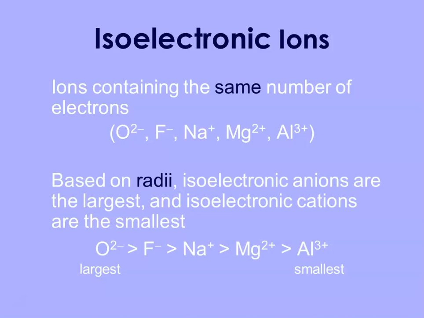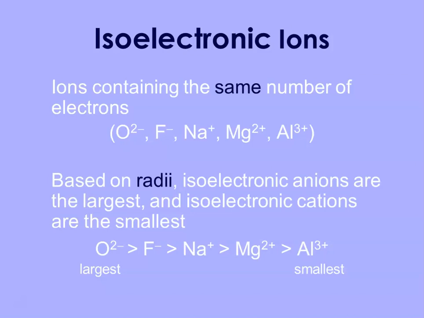All of these have the same number of electrons, but because they are different elements, they have different numbers of protons. If they have more protons, they're able to hold on to their electrons more tightly and they would become smaller. If they have fewer protons, they would have less attraction for those additional electrons, and those particular ions would get larger.